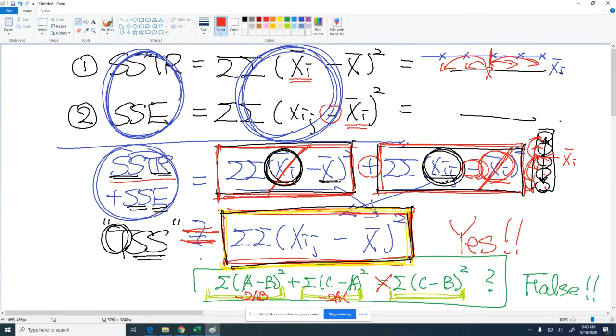So SSE is the inside, the within variance. Because of that, it has the name of the within sum of squares, the SSE. Okay, now look at this.